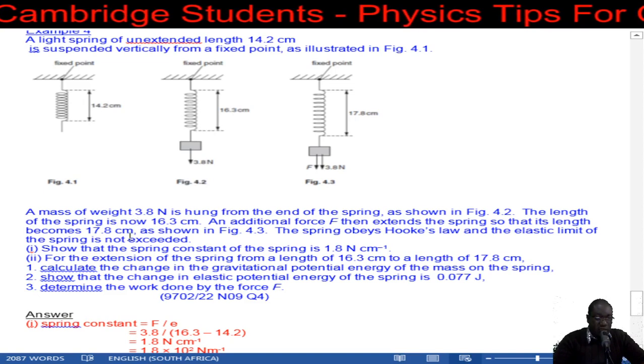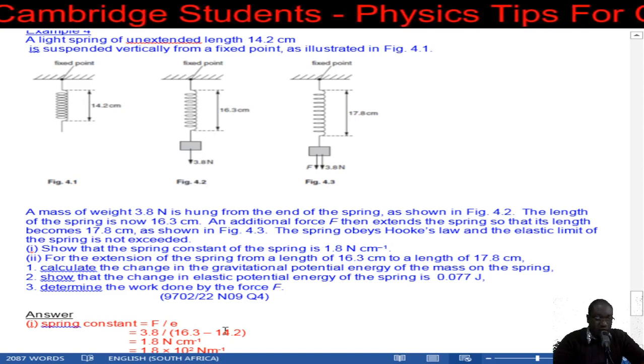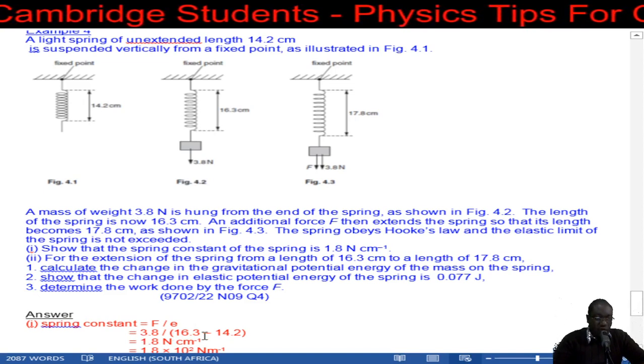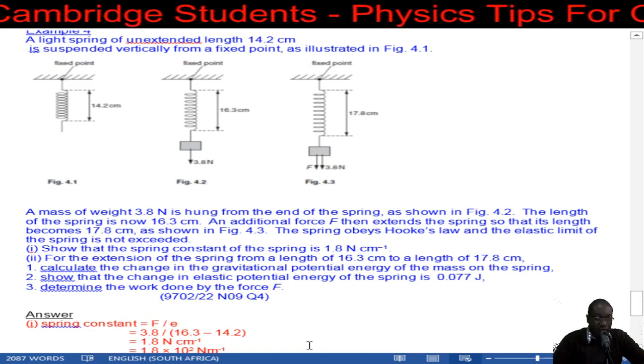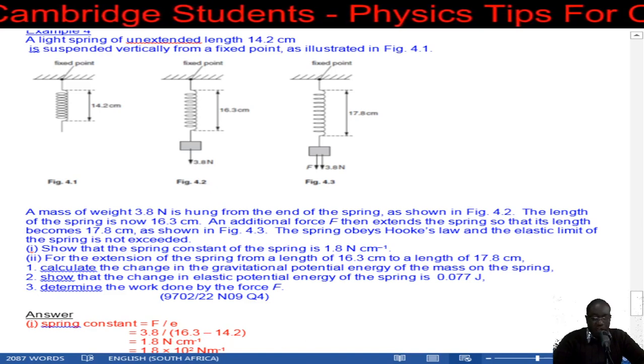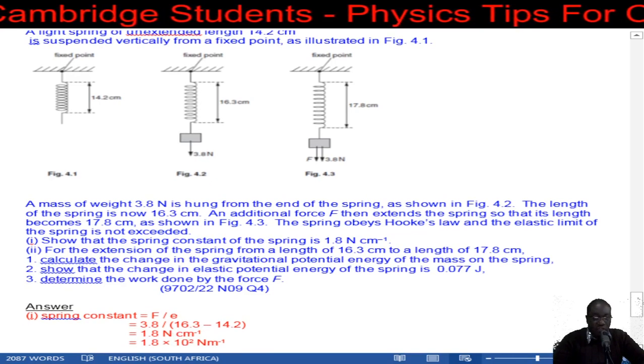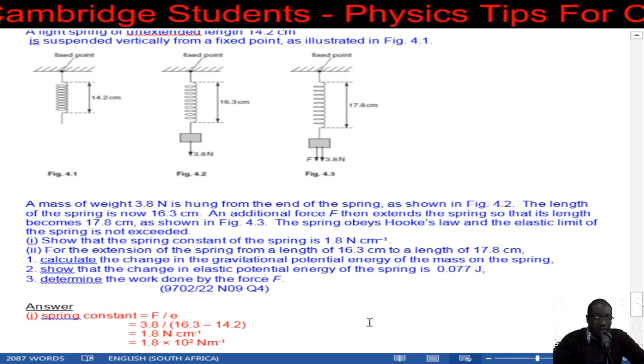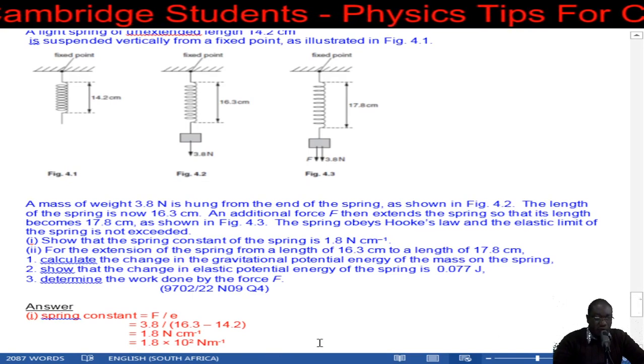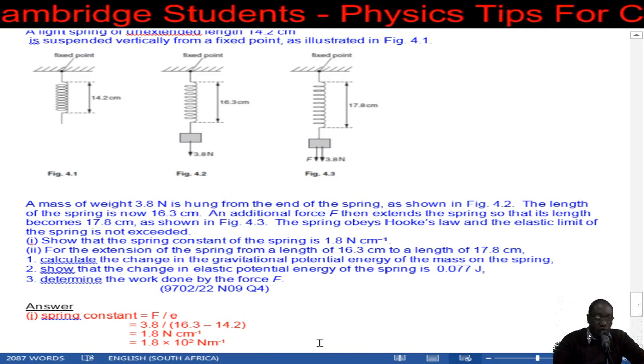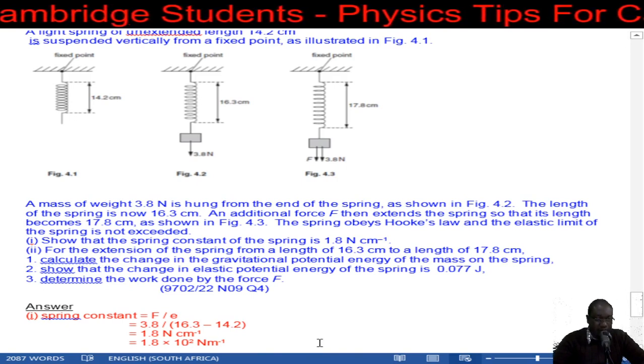So 3.8 over that gives you 1.8 newtons per centimeter. Now to convert that into newtons per meter, you've got to multiply by 100, which gives you 1.8 times 10 to the power 2 newtons per meter.